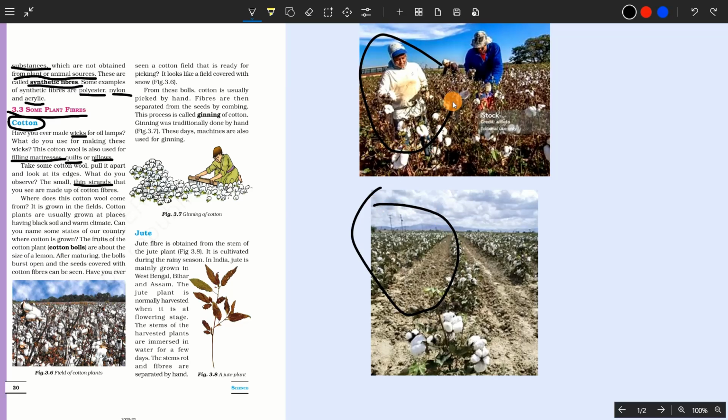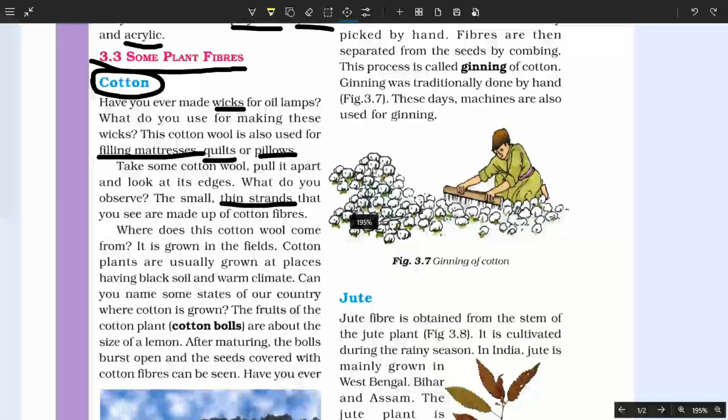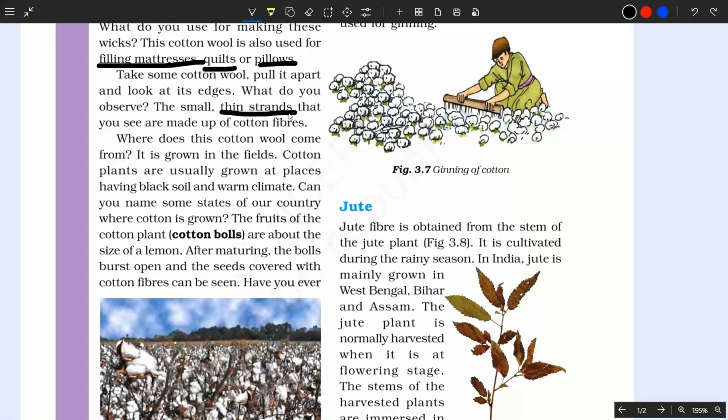The people working in a cotton field will be like this, removing the cotton from the plant. The strands that you see are made up of cotton fibers.